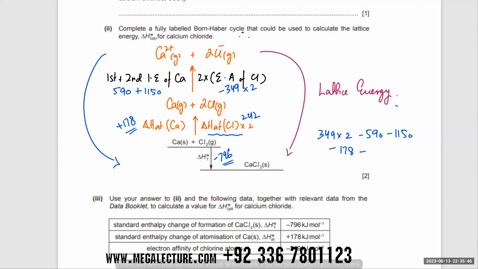That's going to become negative as well. And then you've got enthalpy of formation, which is minus 796. So that's your lattice energy. Is this clear? Yep. What's the answer? Minus 2258.